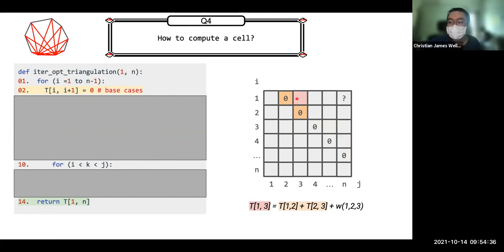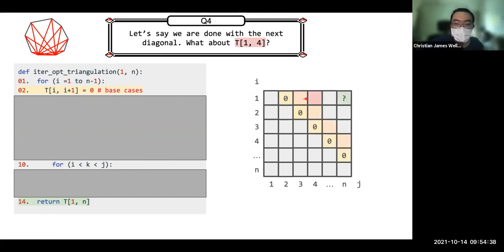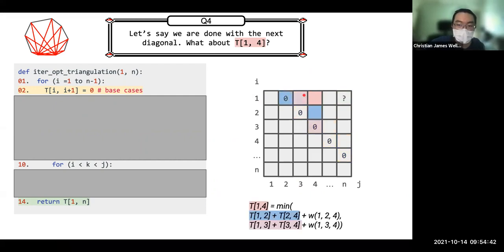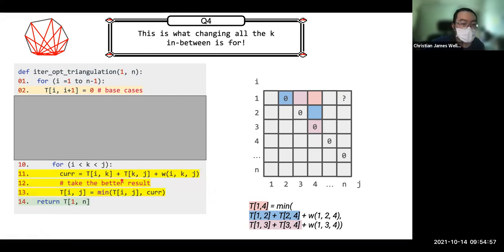We compute it using our recursive formulation, and adjusting the k is considering all the results for one cell. Line 10 onwards is only for one cell. So this portion is trying to come up with the recursive formulation.